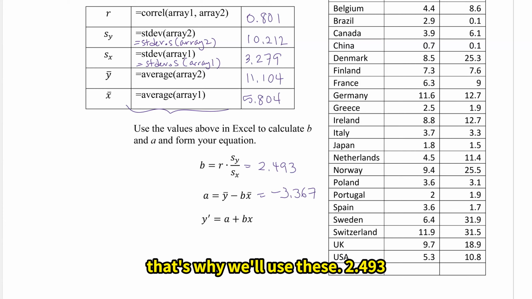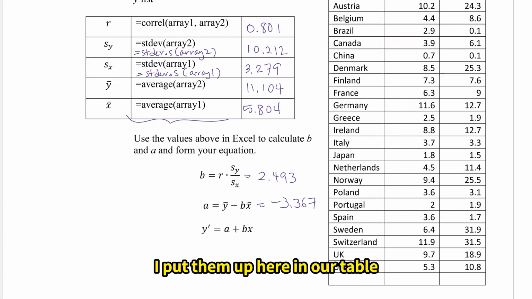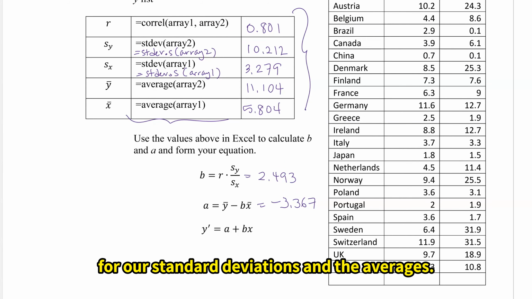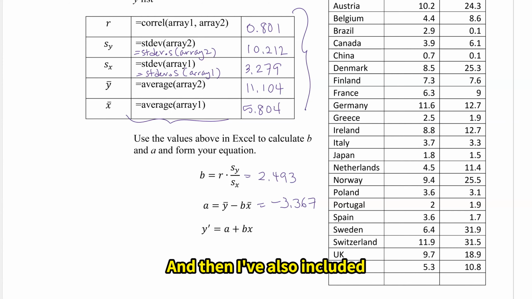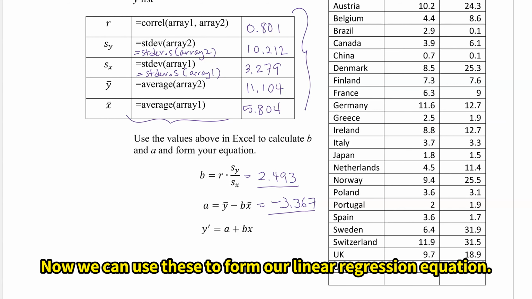2.493. All right, now copying over the values from Excel, I've put them up here in our table for our standard deviations and the averages. And then I've also included our slope and our y-intercept that we've calculated. And now we can use these to form our linear regression equation.